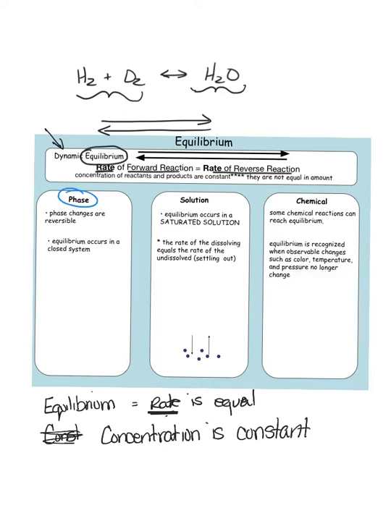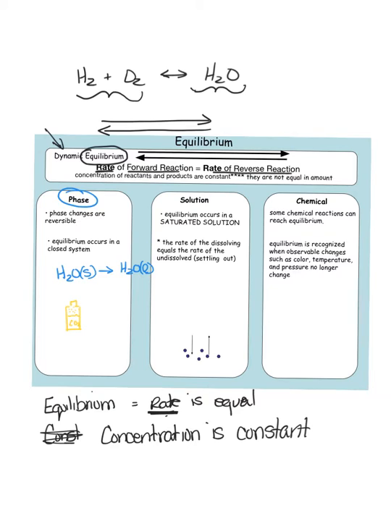The first one is phase equilibrium. That's like saying you have H2O solid becoming H2O liquid. That's melting. At the same time, the liquid is becoming a solid. This is phase equilibrium. It's occurring in a closed system. So what that means is, let's say you have a bottle of soda, and you have carbon dioxide gas here, and it's becoming bubbles up here.